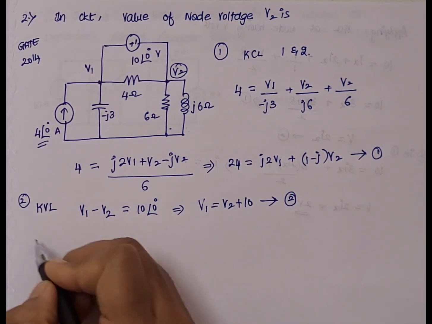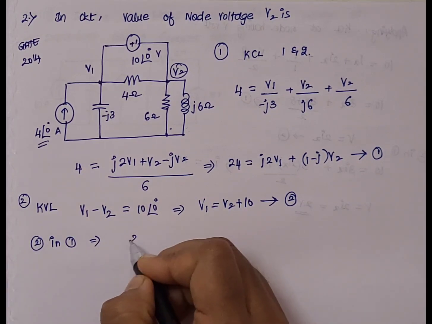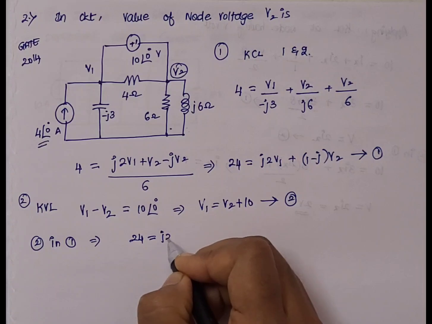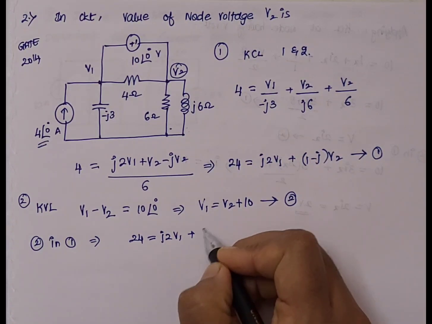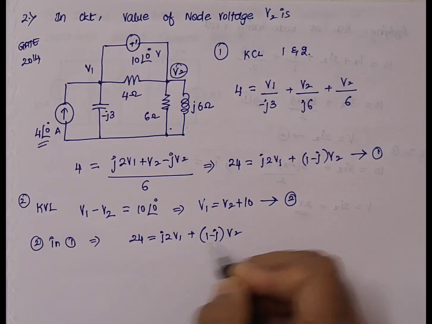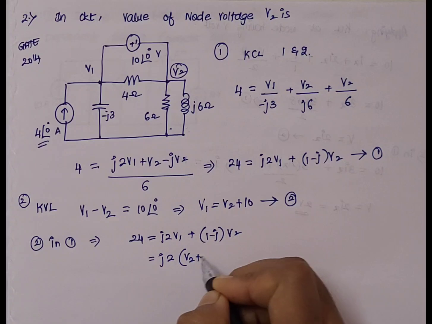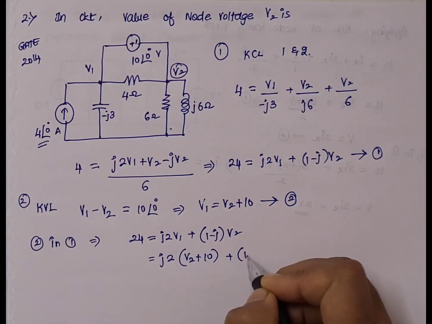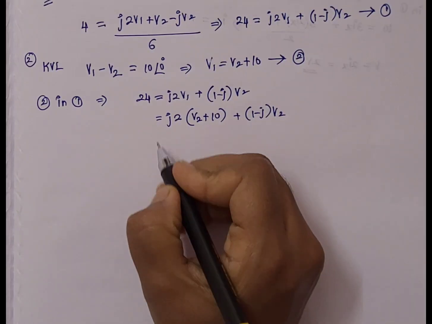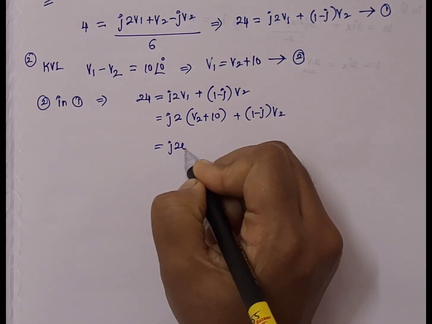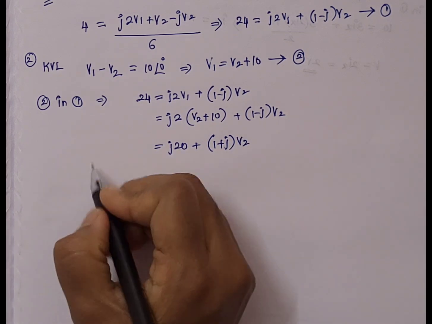Now we can substitute the second equation in the first equation, so that 24 is equal to j2 times V1, and instead of V1 we can write V2 plus 10, plus (1 minus j) times V2, which is equal to j20 plus (1 plus j) times V2 after combining.